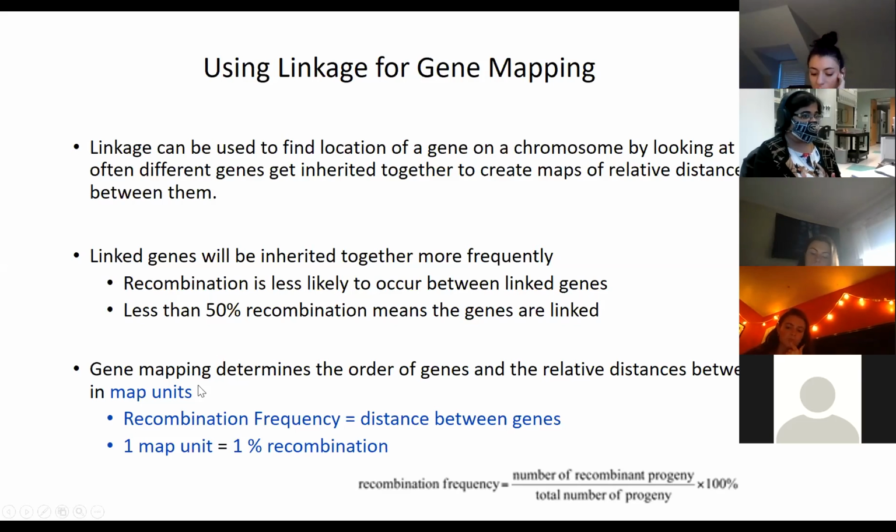So recombination frequency is also equal to the distance between genes. One map unit is equal to 1% recombination frequency. Does that make sense? Okay.